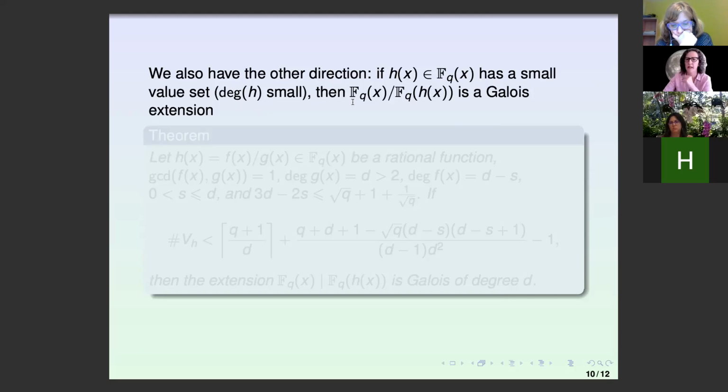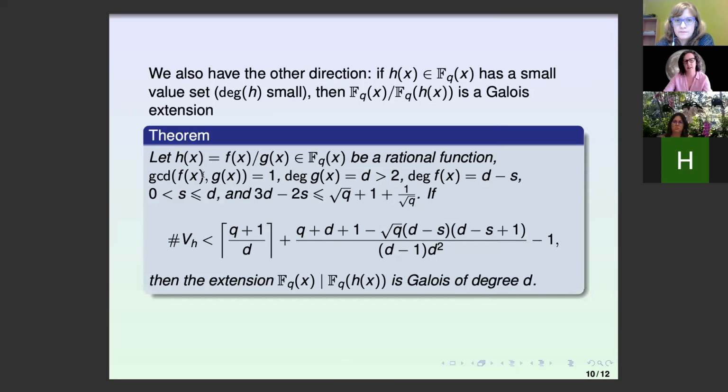So f and g are coprime. We are supposing that the degree of g is d larger than 2, and the degree of f is d minus s.